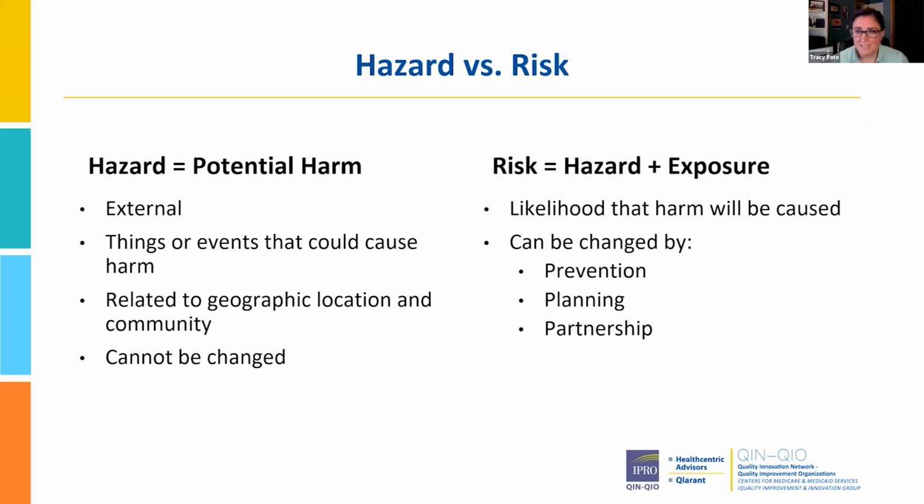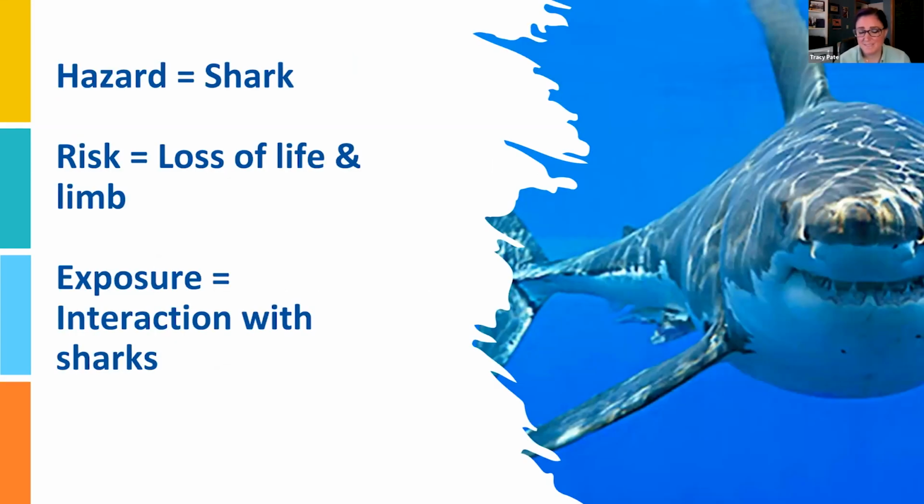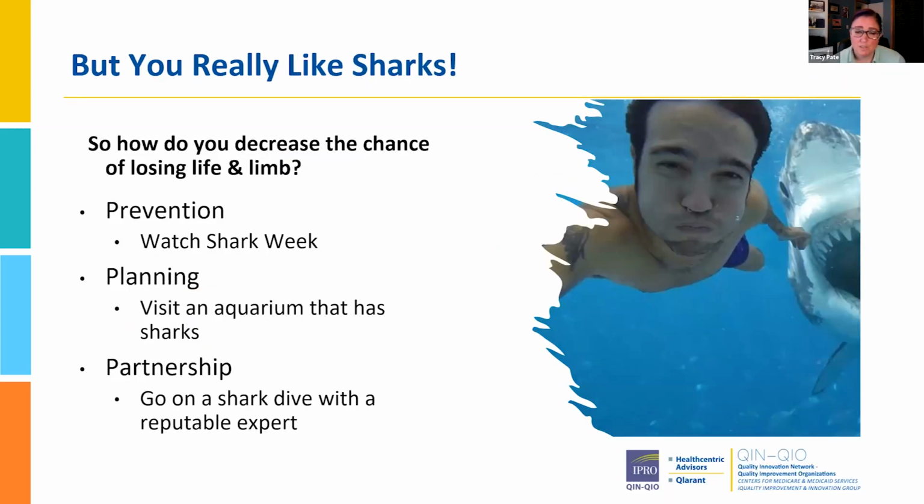And I'm going to give you an example of that. It's non-traditional, not something you typically see in an emergency management presentation, but our hazard is the shark in this scenario, and your risk is loss of life and limb. The exposure is interaction with sharks. So your problem is you really, really like sharks.